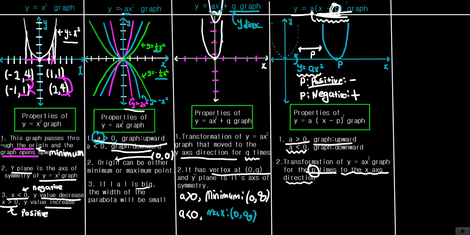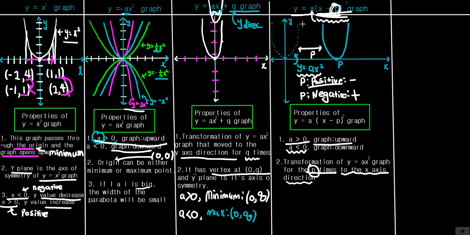If we compare with the ax squared plus q graph, for y is equal to a times x minus p squared, we move the basic y is equal to ax squared graph to the right or left, which means the x direction. But for y is equal to ax squared plus q, we translated the graph up or down, which means we moved it in the y-axis direction.